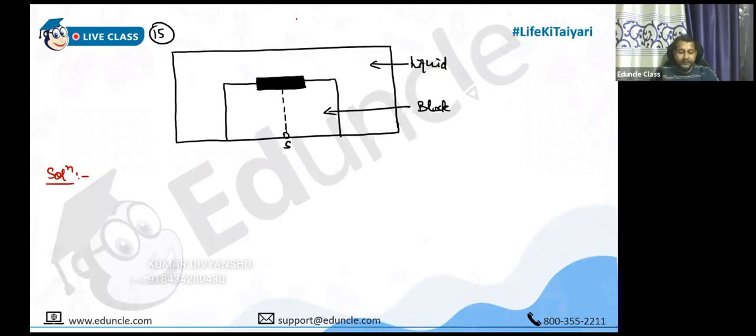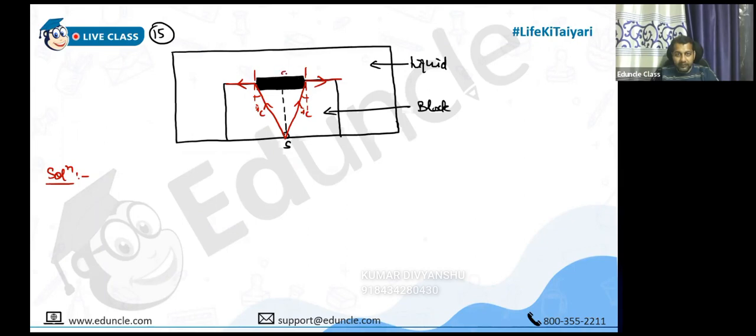It means TIR will occur, no? It means this thing is occurring. This means the ray is just falling at the critical angle. I see. This.